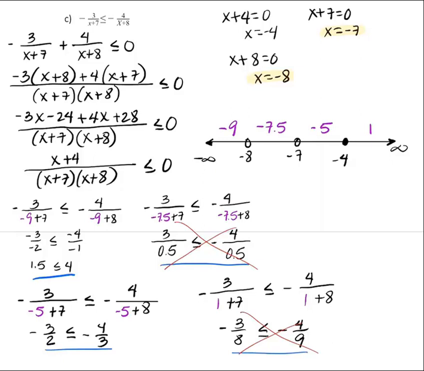Since the test points from these regions are the ones that satisfy the inequality, then these regions are part of the solution. So the solution to this inequality is all numbers between -infinity and -8, and all numbers between -7 and -4.